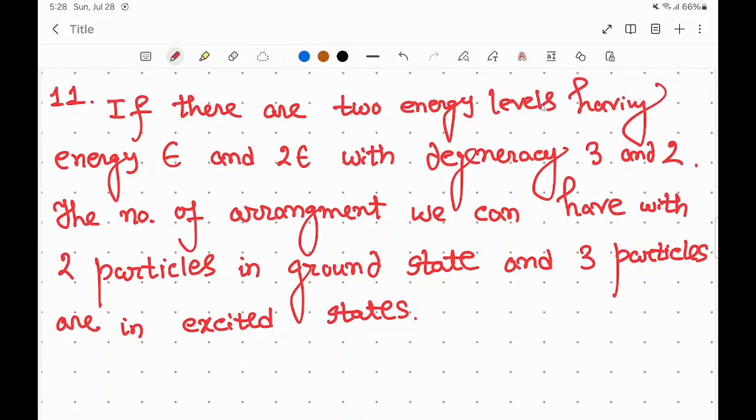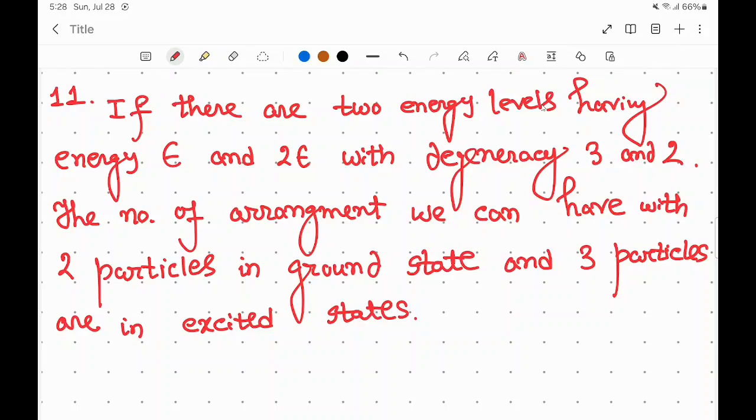Total W. There is only one combination possible because it is already mentioned that two particles are in the ground state.